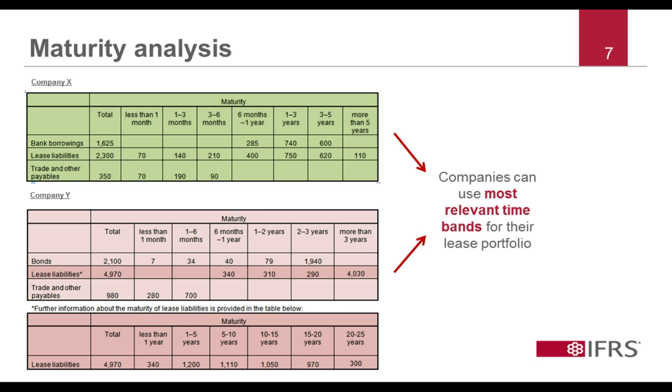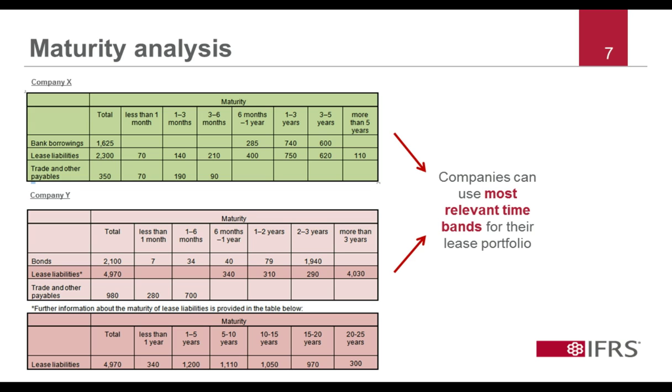Well, yes, we did consider that. However, we decided instead to use the IFRS 7 disclosures for two reasons. First, so that the liquidity information provided about lease liabilities is consistent with that given for all other financial liabilities. Second, it is likely that the set of time bands that give the most useful information will be different for different lease portfolios.